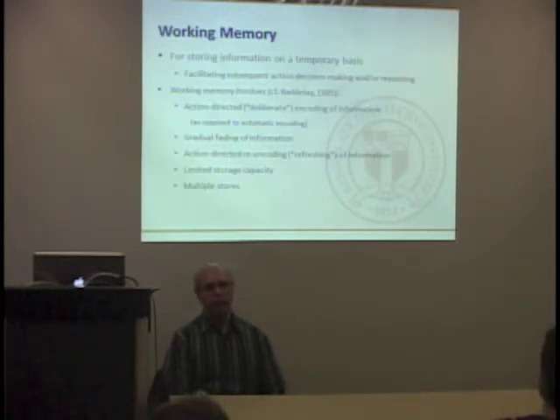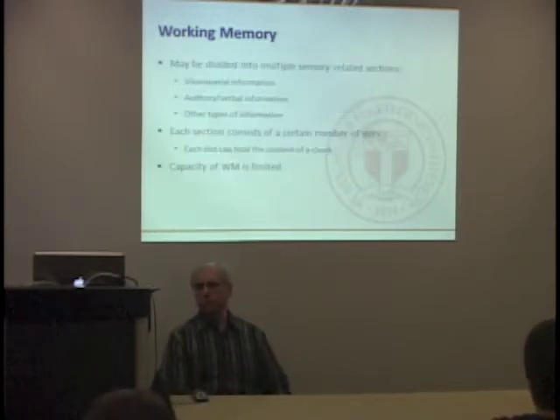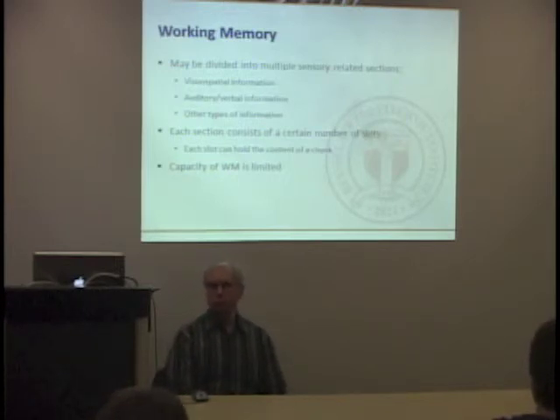It is limited, and there are multiple stores. We have different ones for different subsystems, as we're going to see. In particular, these three here. You can have a working memory buffer, if you will, for visual spatial information, one for the auditory, and then if you need other working memory systems within it, you can add them yourself.